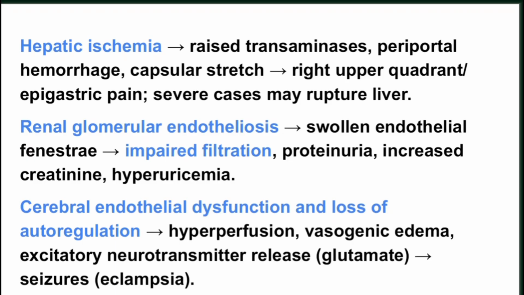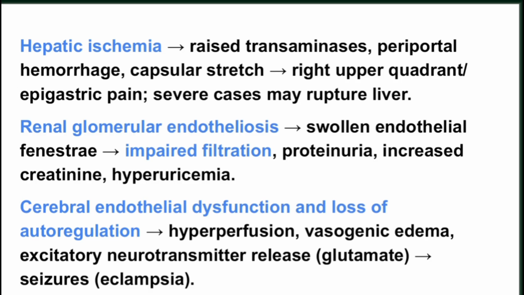So when that Glisson's capsule is stretched and there's a blood accumulation under the Glisson's capsule, it's going to present with a boring type of pain in the right upper quadrant, and that's how a woman can come in complaining of right upper quadrant pain and also epigastric pain. In some severe cases, the liver may rupture.